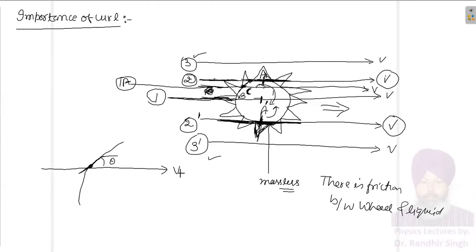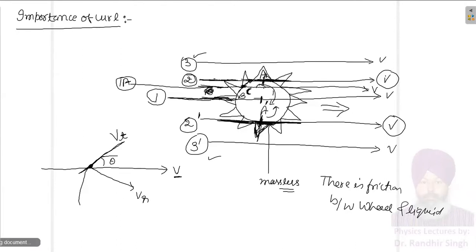I can resolve this streamline velocity into two components. This component which is along the tangent will be called Vt, the tangential component, and this component which is toward the center of the wheel will be called Vr, the radial component.